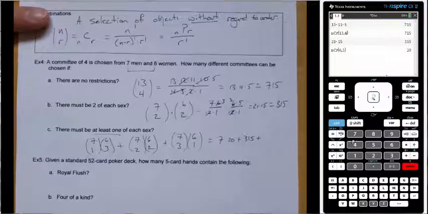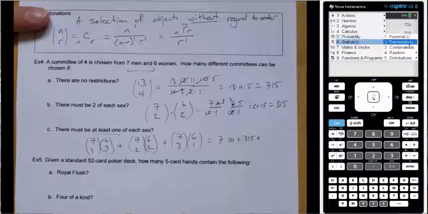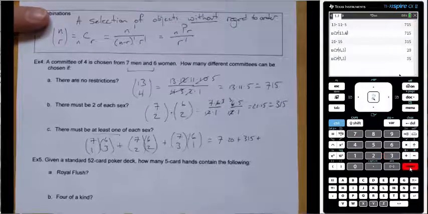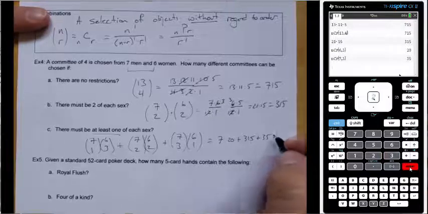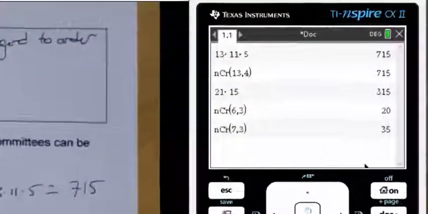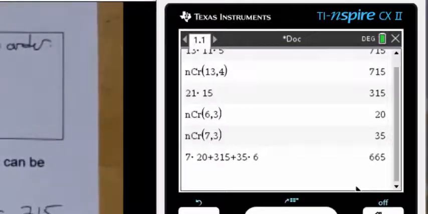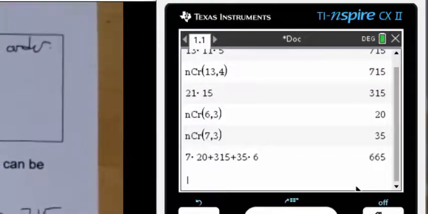And 7 choose 3 is 35. 6 choose 1 is 6. So 7 times 20 plus 315 plus 35 times 6 is 665 committees.